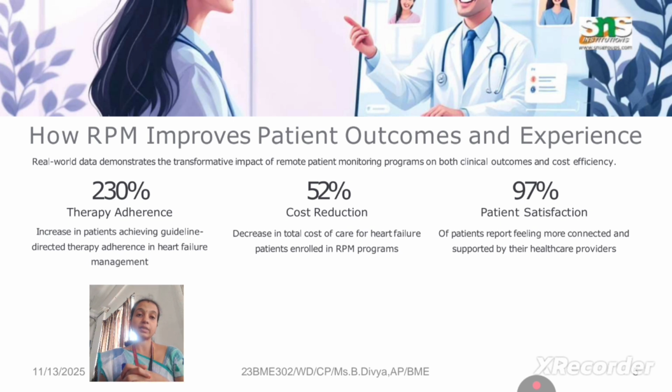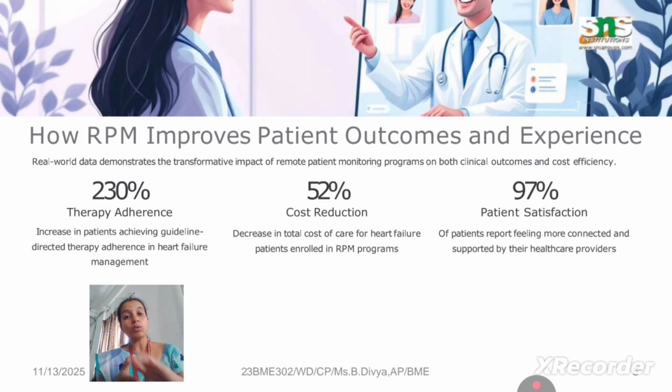Next, 52% cost reduction has been achieved. In the regular way, the patient goes to the hospital weekly or daily, so the cost is higher in all respects: the traveling time, the traveling cost, the waiting time, the whole day gets affected, and the patient even gets stressed.